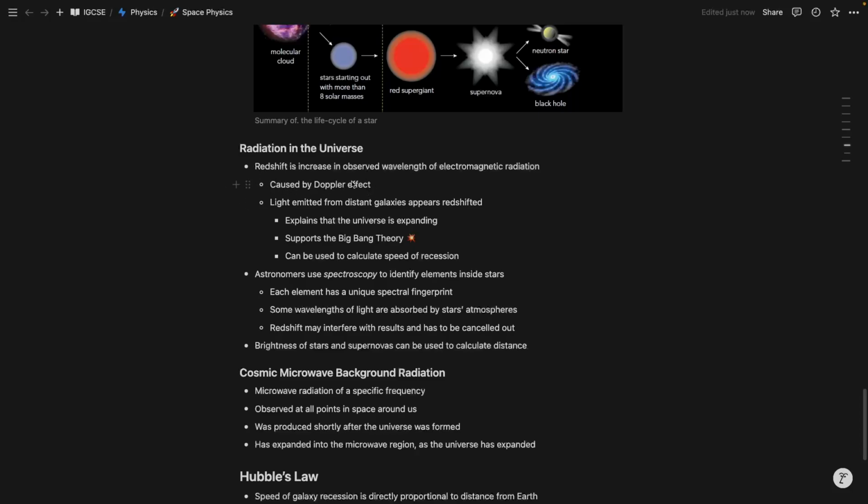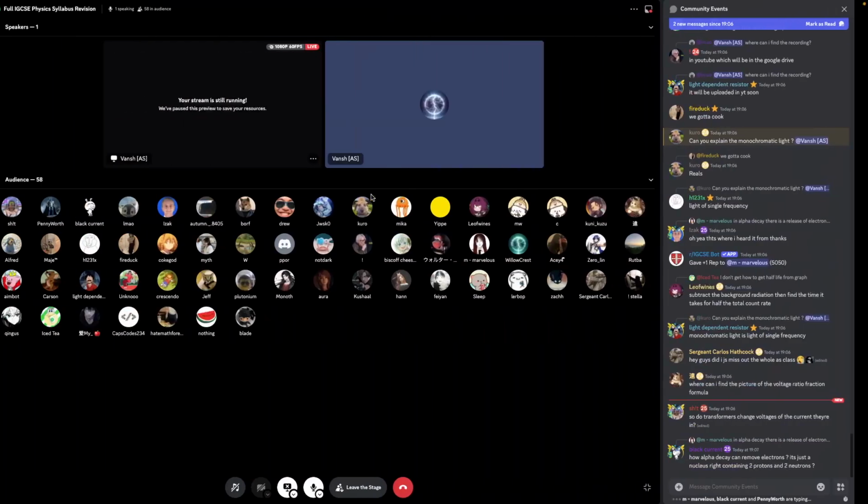So when you have an object that's moving away from you, emitting light, the wavelength of light that you see will be longer than the wavelength of light that object is actually emitting. This can be used to calculate the speed of the recession, and it's just simply the Doppler effect.